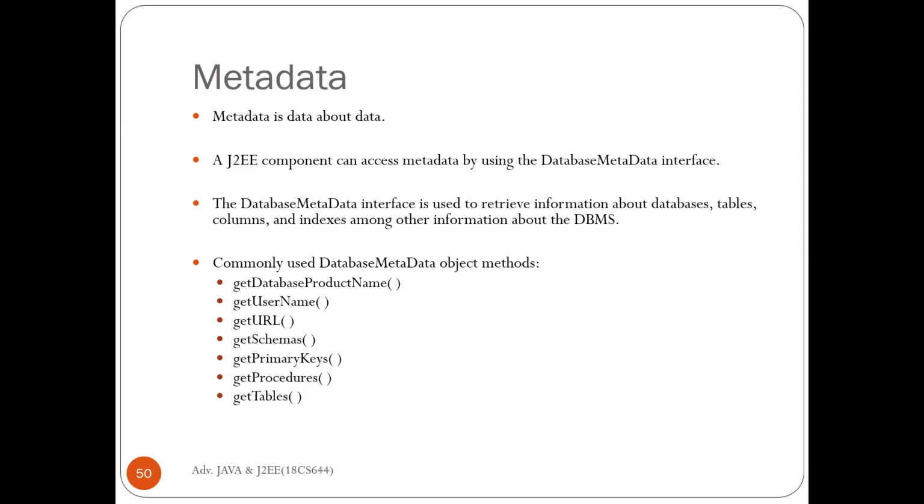Then getPrimaryKeys, with which we can obtain the primary key of a table. Then getProcedures will return all the stored procedures that are present in the database. getTables will return all the table names that are there in the database. These are a few methods using which we can extract the metadata details.